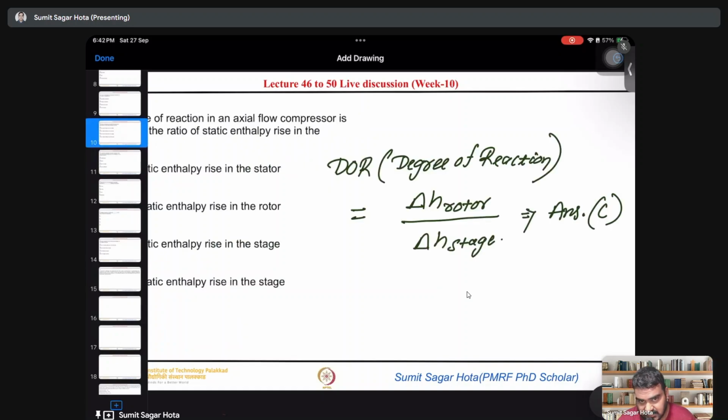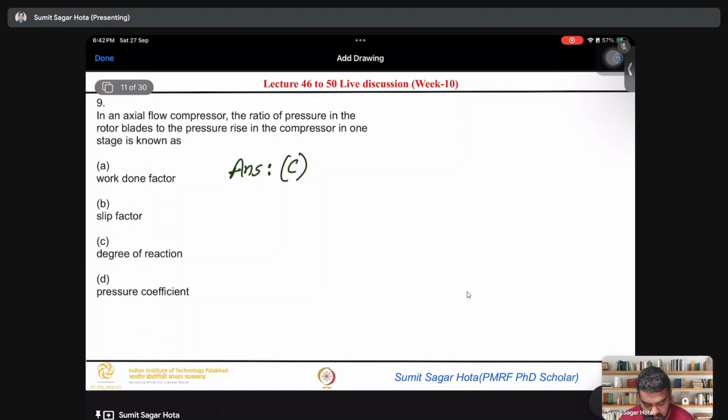See the same relation, delta H rotor by delta H stage. Here also delta P rotor by delta P stage. In terms of enthalpy and in terms of pressure, the formula remains the same. So DOR is equal to delta P rotor divided by delta P stage.